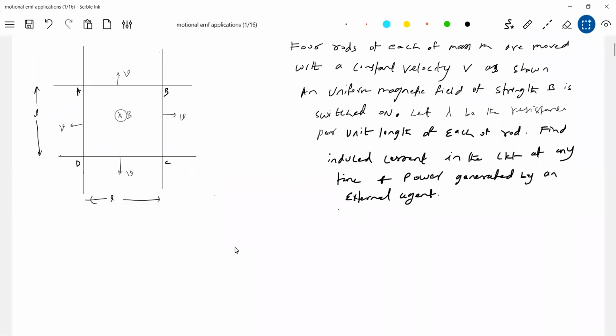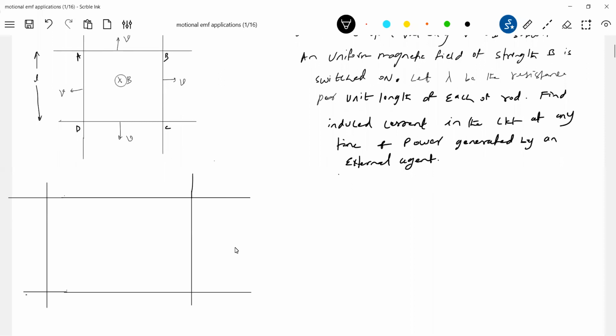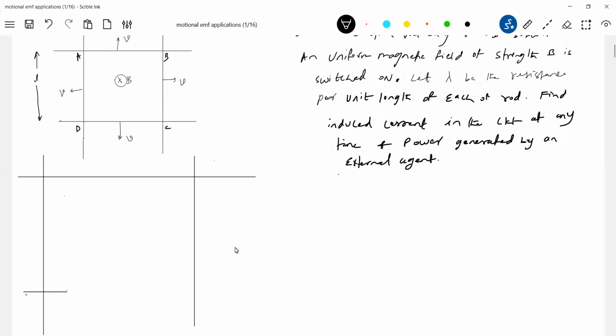Meanwhile, I'll adjust the diagram. This is what is happening, no? Take it like this here. Look at the area, it got increased.